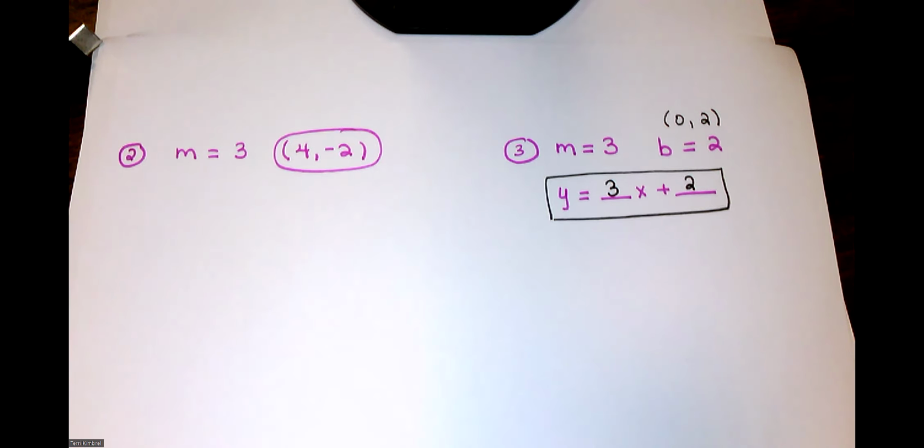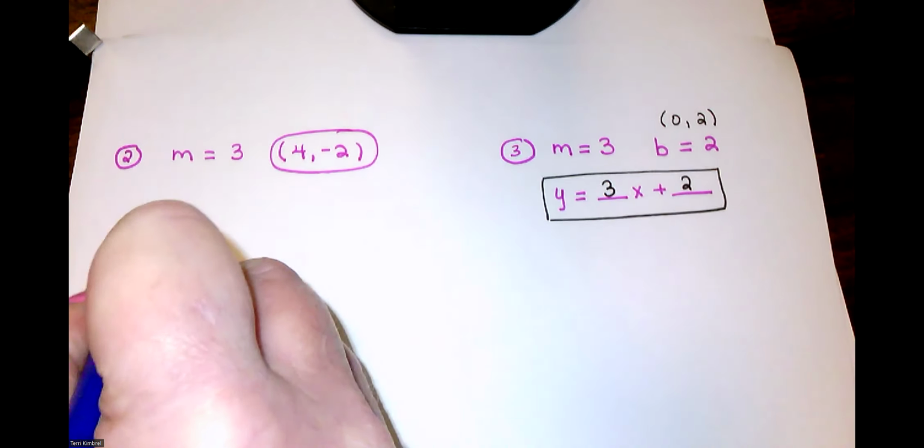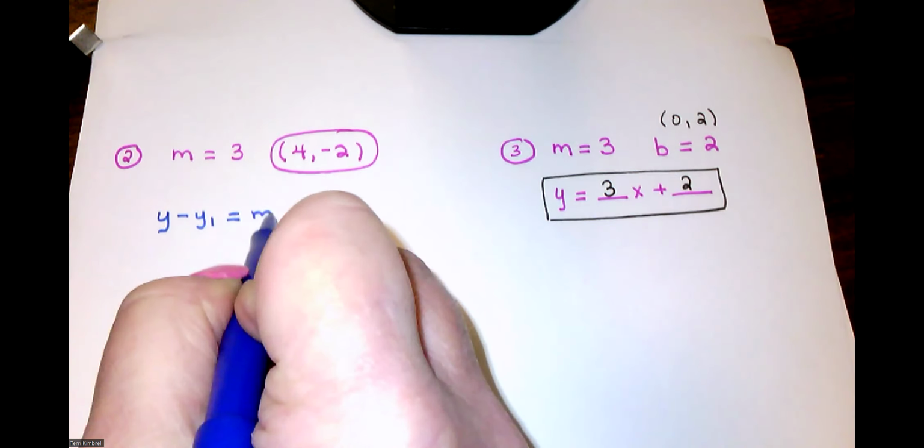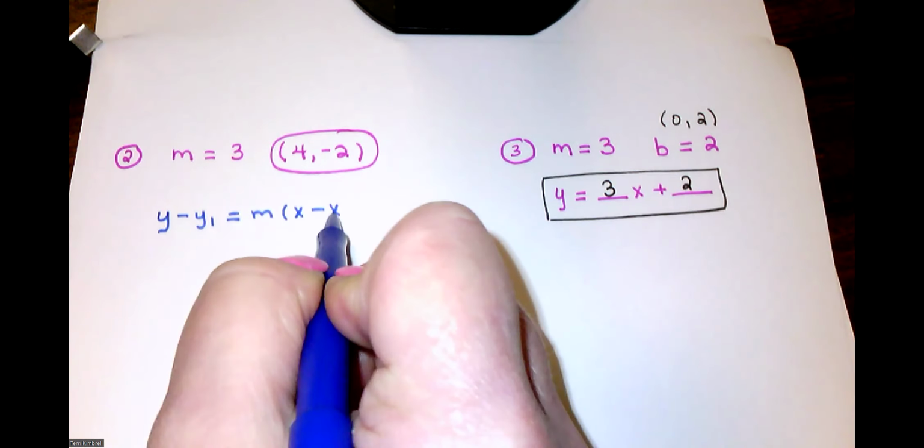But if you don't know the y-intercept, you're going to have to either use point slope or graph it and use your slope to help you find the y-intercept. The only problem is sometimes your y-intercept might be fractions or decimals, and you might need to know the algebra because it's harder to find those at times. So if I'm looking at this one, remember it's y minus y1 equals m times x minus x1.